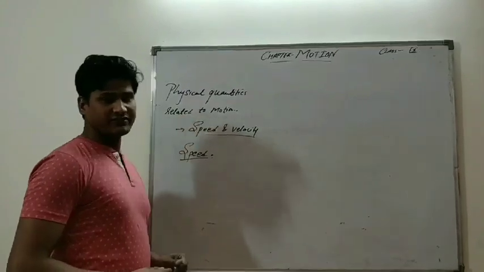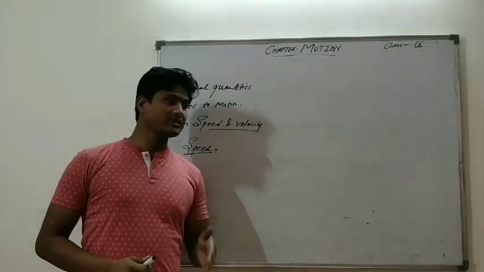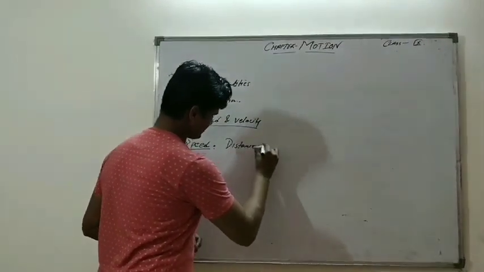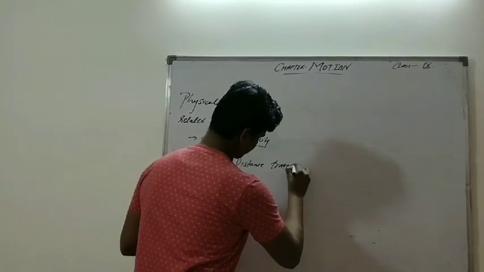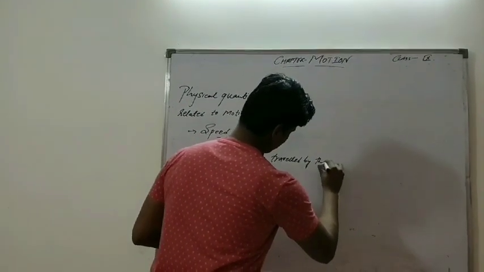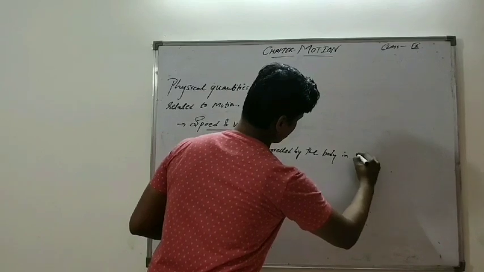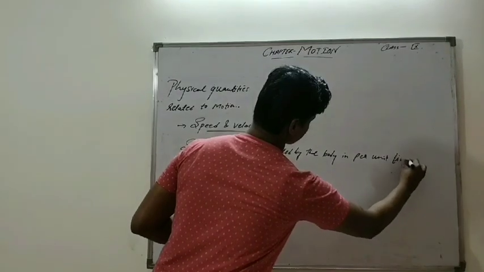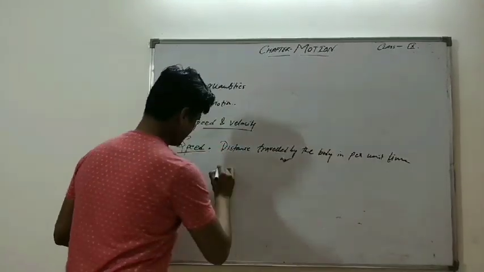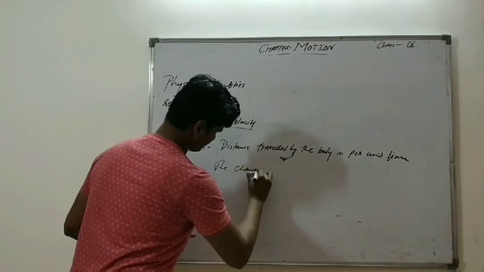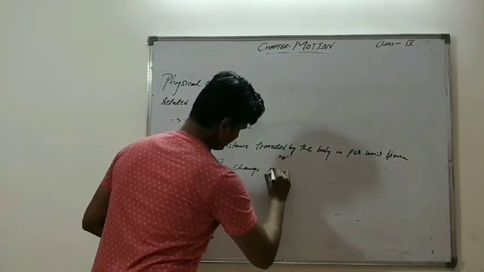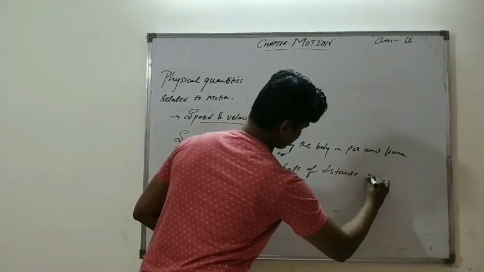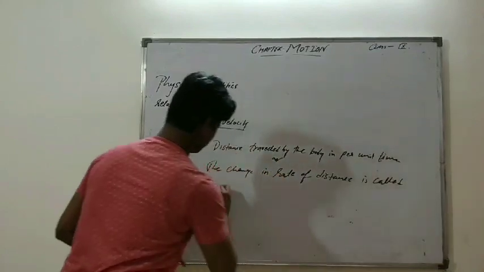Speed of a body is defined as the distance travelled by the body per unit time, or we can say the rate of change of distance is called speed.